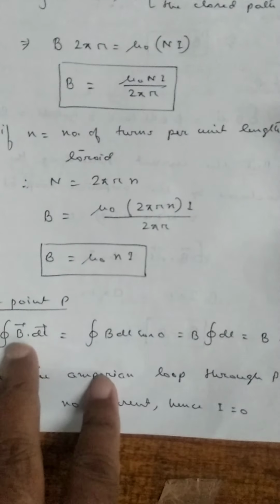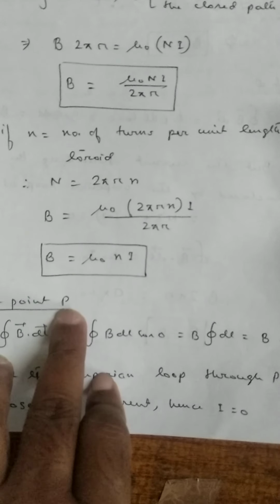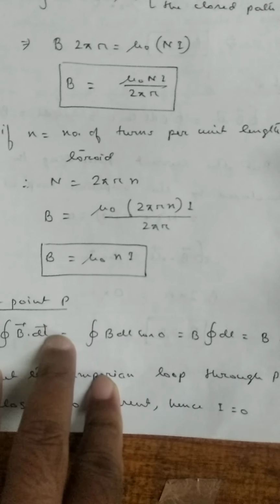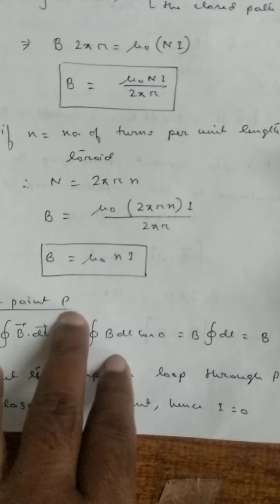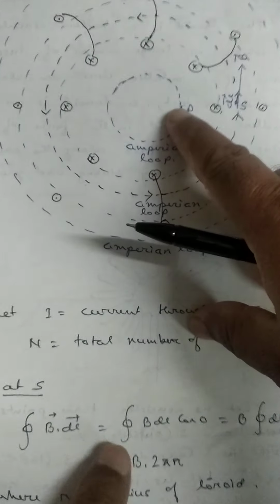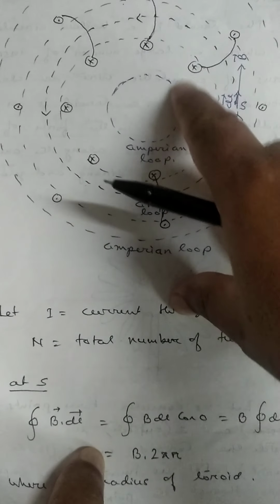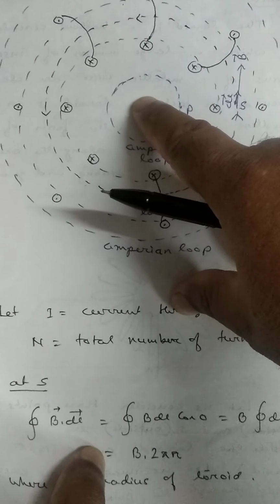So what is B dot dl at the point P? What is B dot dl through the Amperian loop passing through the point P? It is B into twice pi r. But this Amperian loop encloses no current.